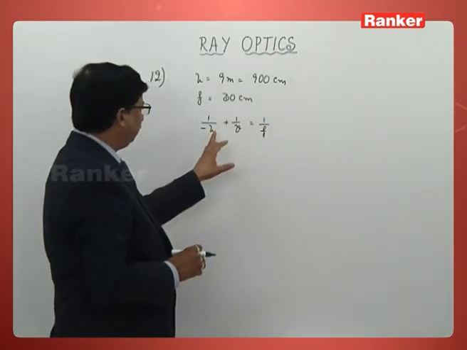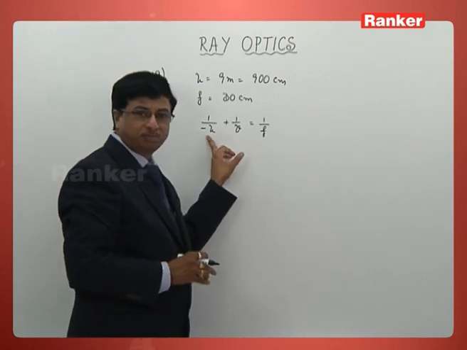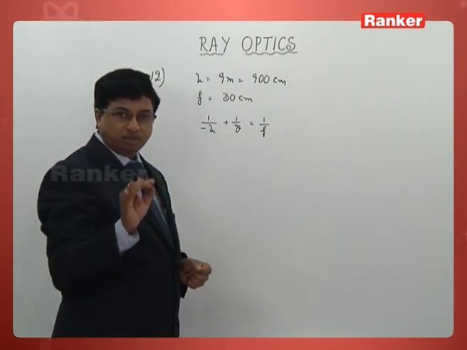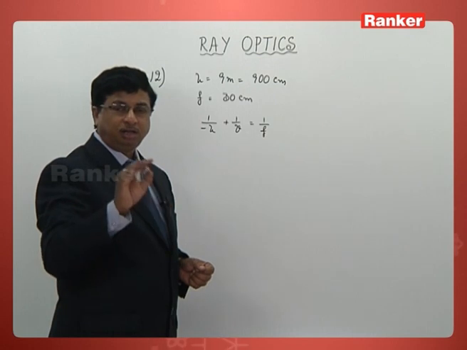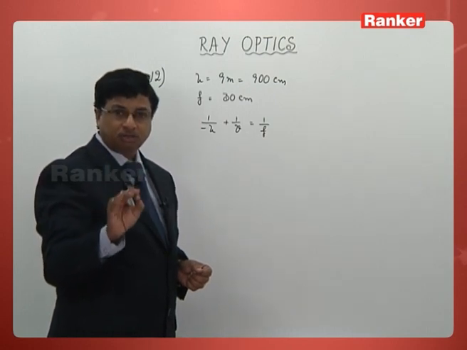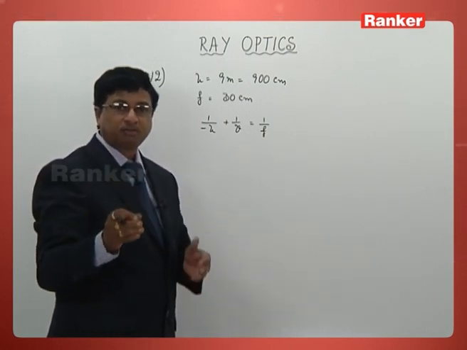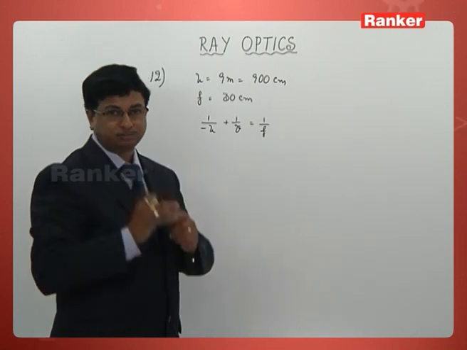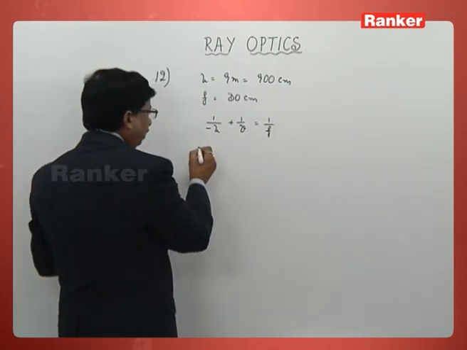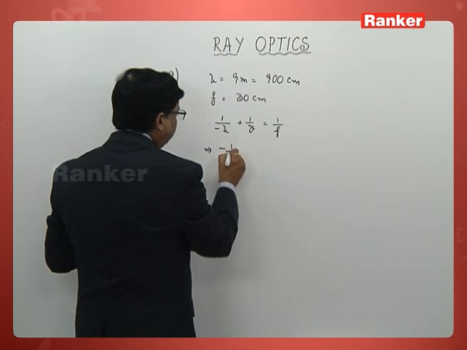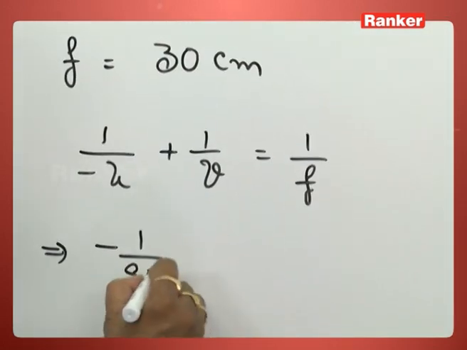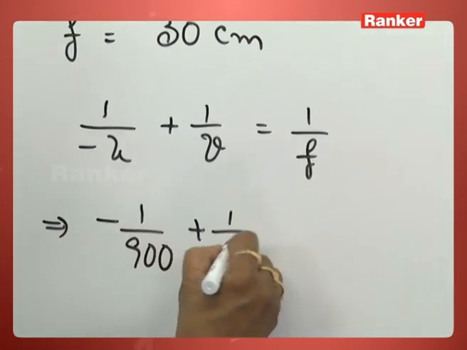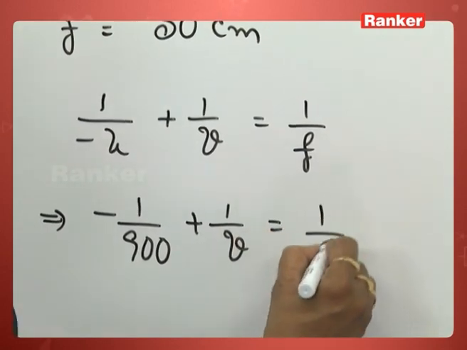In fact, every one of us is aware of this point. Excepting object distance, all other distances are to be taken positive by convention as far as convex mirror is concerned. So we now can rewrite the same this way: minus 1 by 900 plus 1 by v is equal to 1 by f.